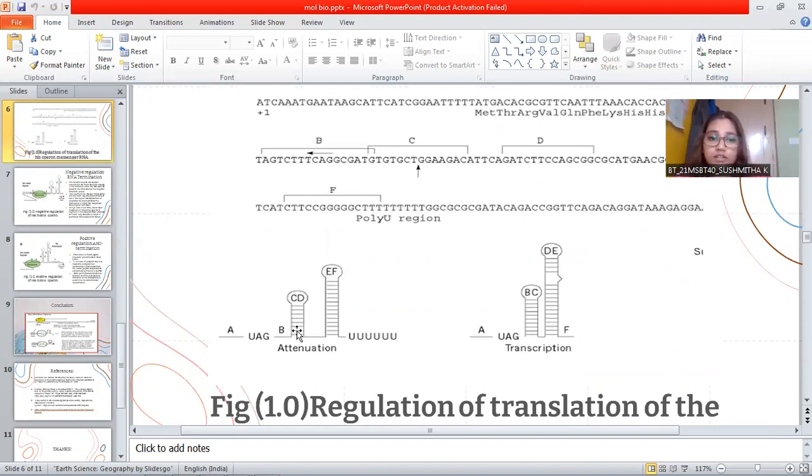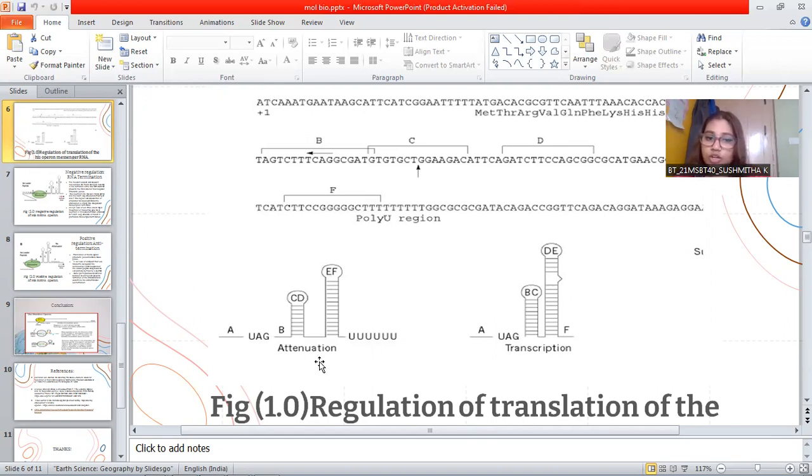The other strands over here have a lot of G content, so basically they form stem and loop structures over here. And once they form this, after that it is the poly U sequence, which basically terminates the transcription.